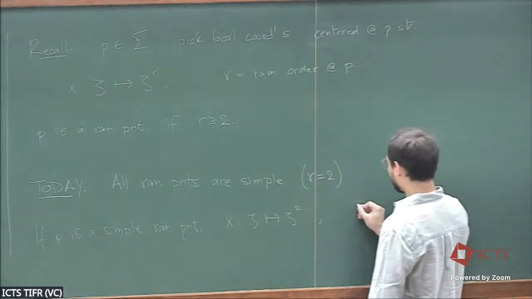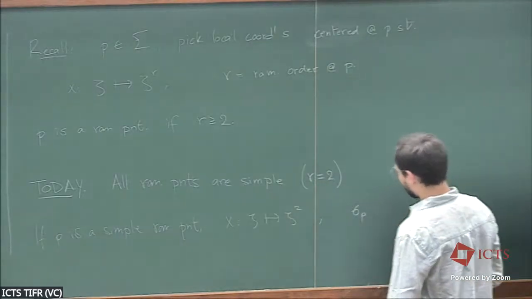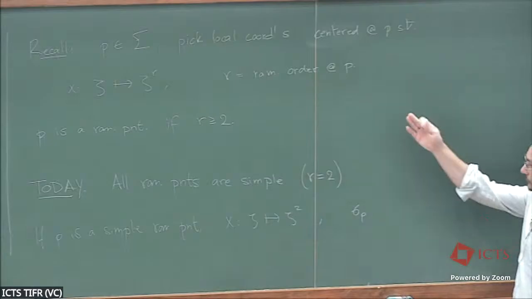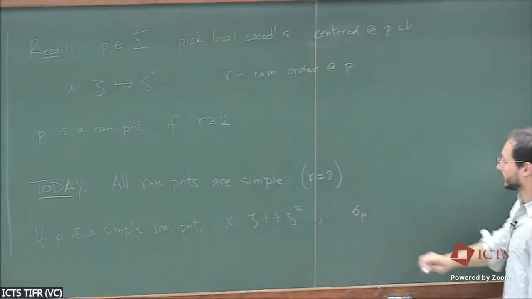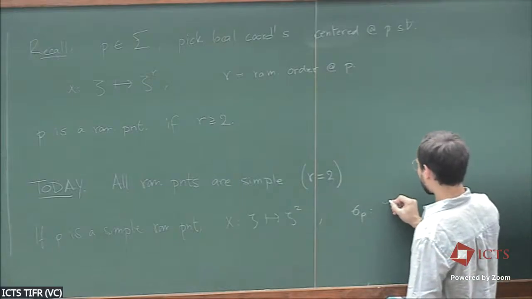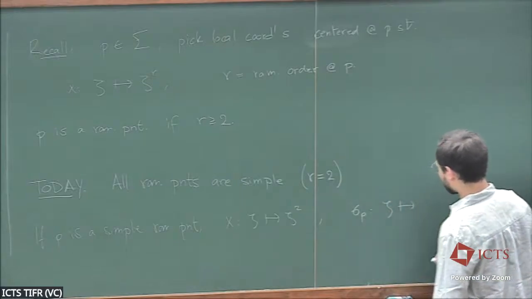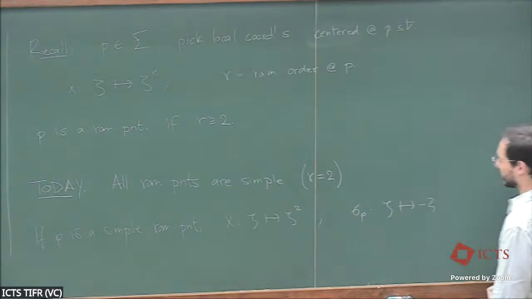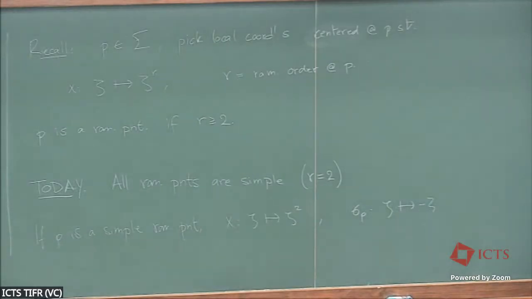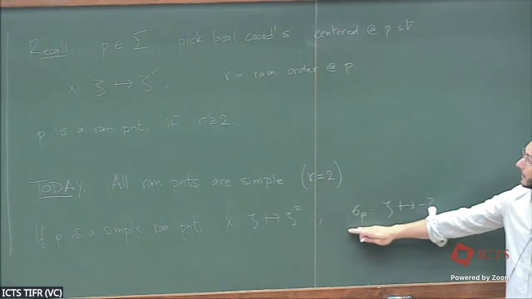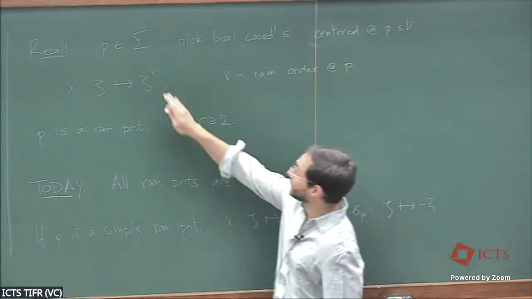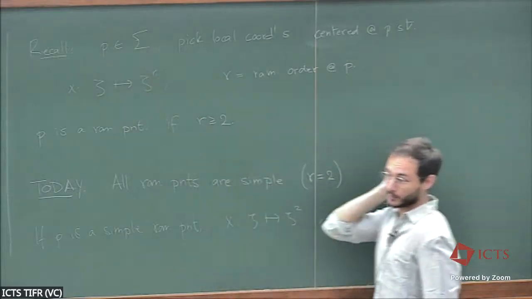So you can define sigma_P, an involution on the Riemann surface locally around P, which is just the involution that maps the local coordinate zeta to minus zeta. So this sigma_P is an involution that is only locally defined around P. This is going to be important for me.